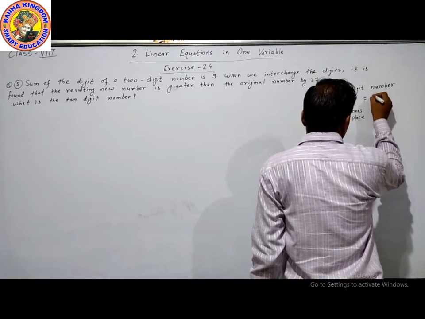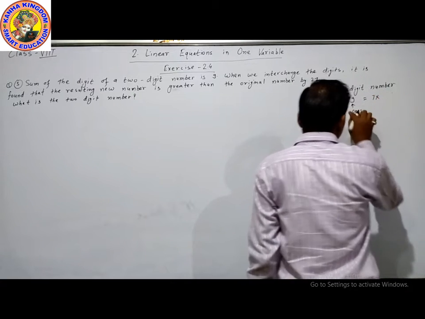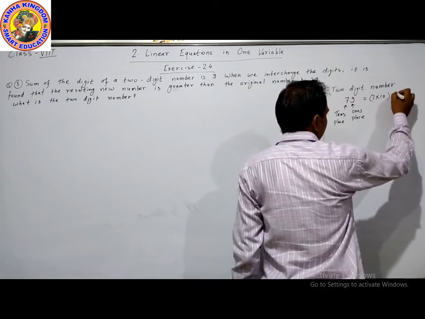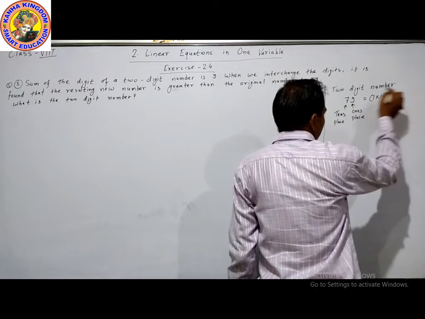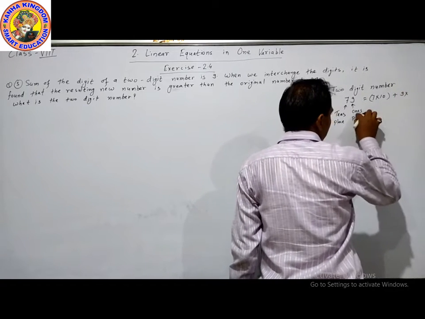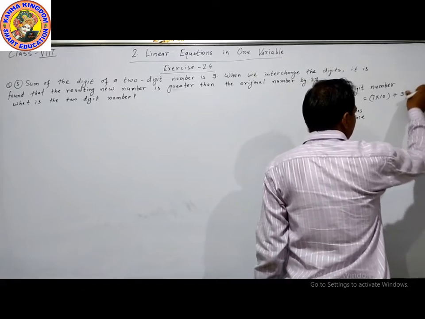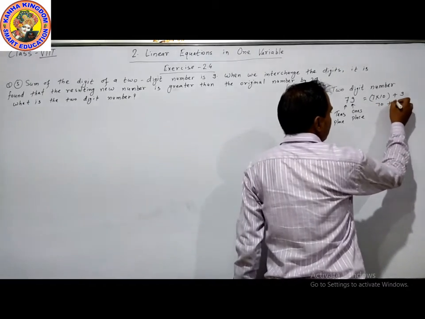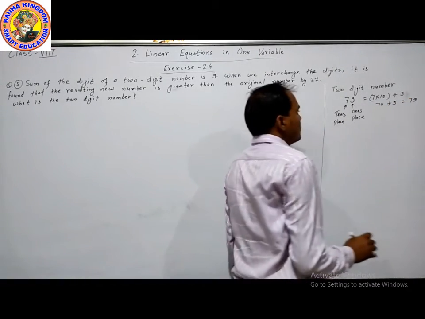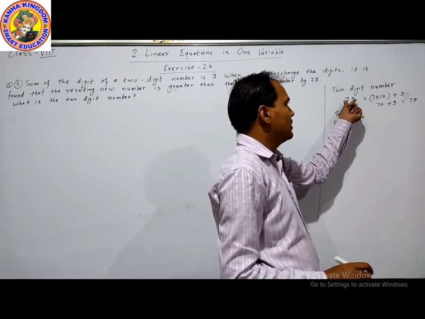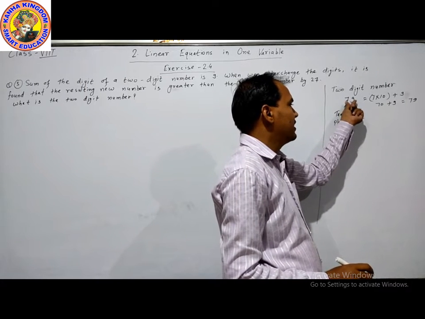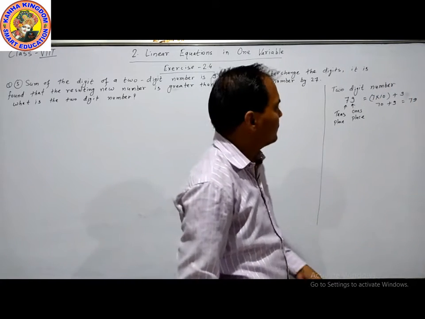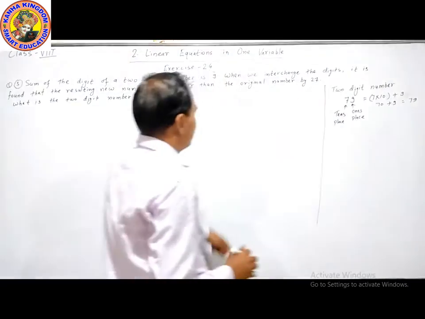It can also be written as 7 into 10 plus 9 into 1. 9 into 1 means 9, 7 into 10 means 70, plus 9, the answer is 79. So any two-digit number can be written like 79 as 7 into 10 plus 9. This is our two-digit number.